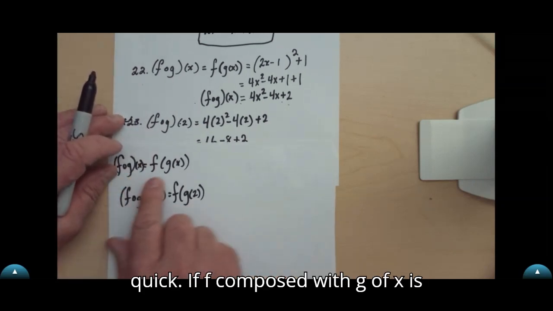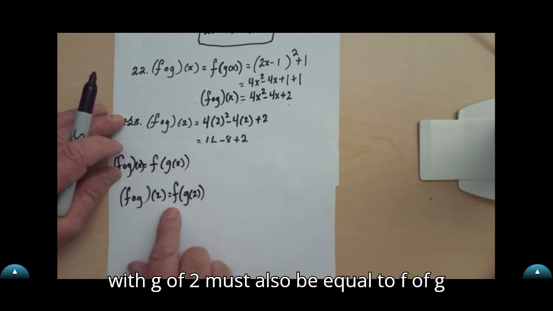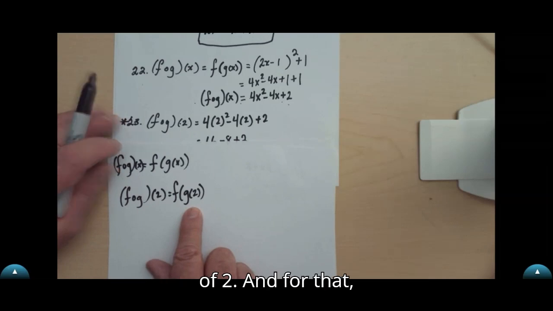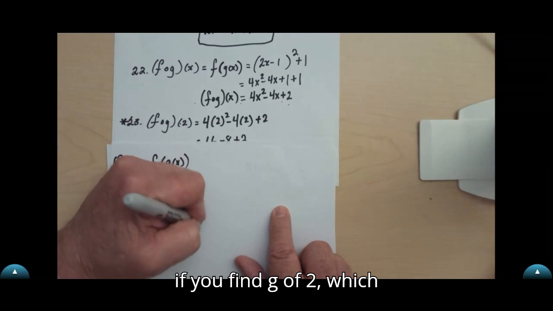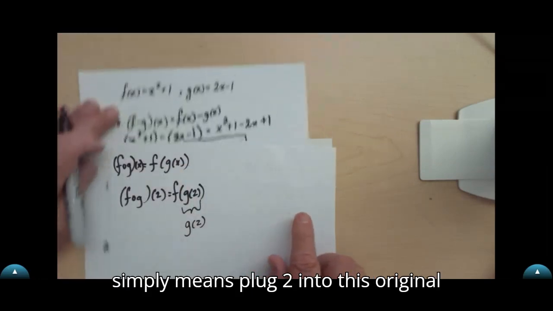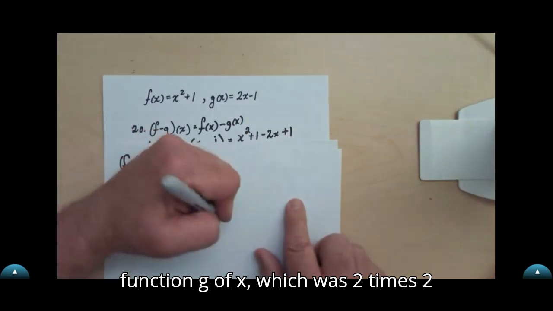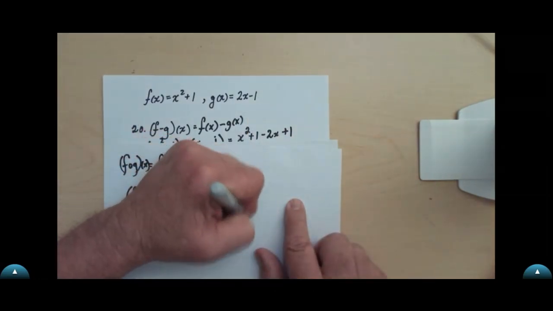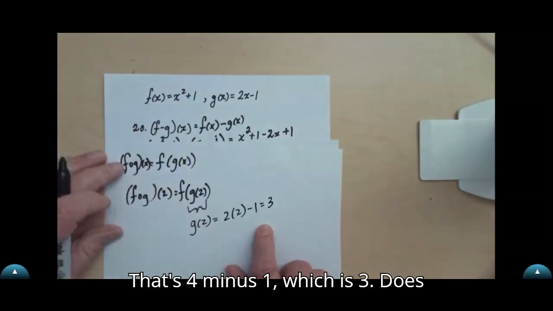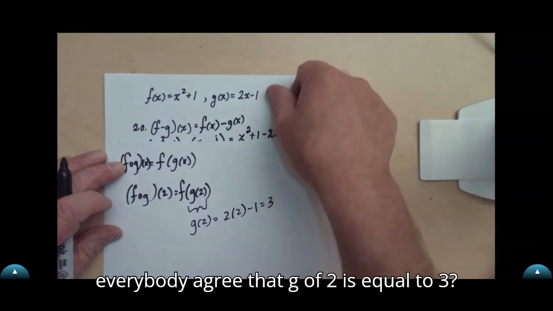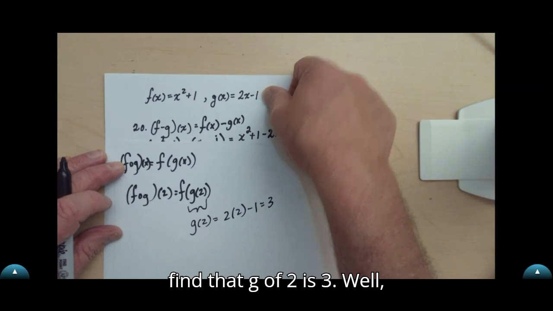So let me show you this real quick. If f composed with g of x is equal to f of g of x, then f composed with g of 2 must also be equal to f of g of 2. And for that, if you find g of 2, which simply means plug 2 into this original function g of x, which was 2 times 2 minus 1, that's 4 minus 1, which is 3. Does everybody agree that g of 2 is equal to 3? In other words, if I plug 2 in here, I find that g of 2 is 3.